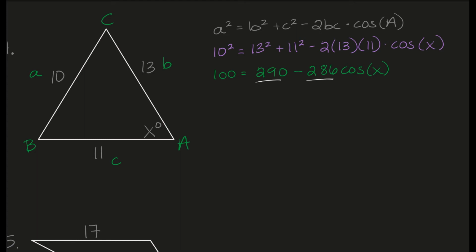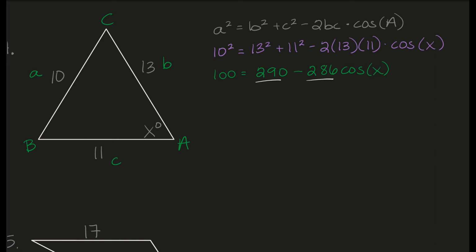So let's say I had 290 minus 286y. Let's treat cosine like it were a variable. Could you subtract here and say the answer is 4y? No, you couldn't. These are two separate things, right? You can't combine these. So what I'm going to have to do is solve here, and I'm going to treat this as though it were a variable.